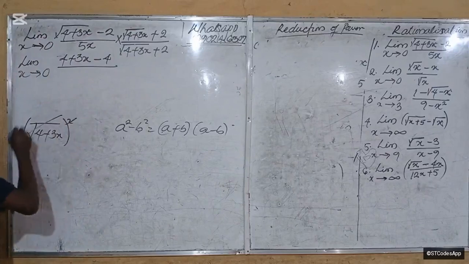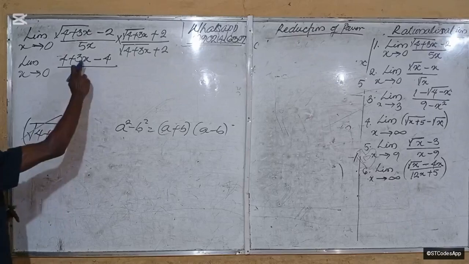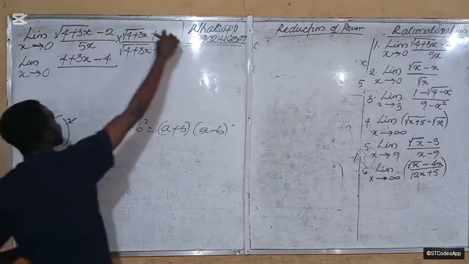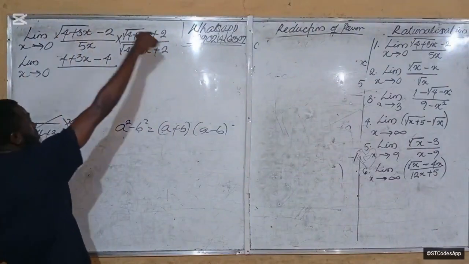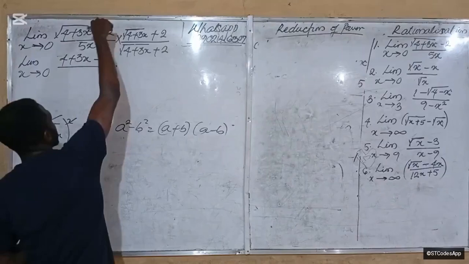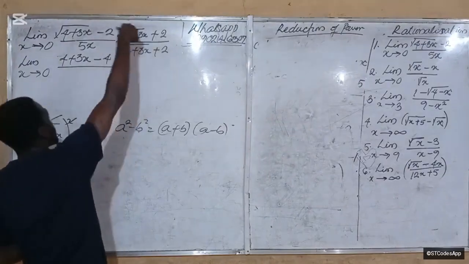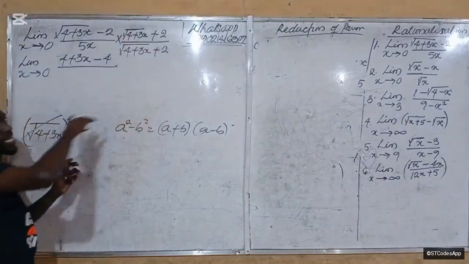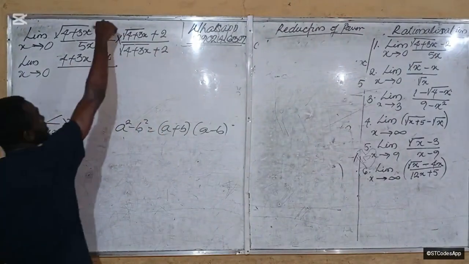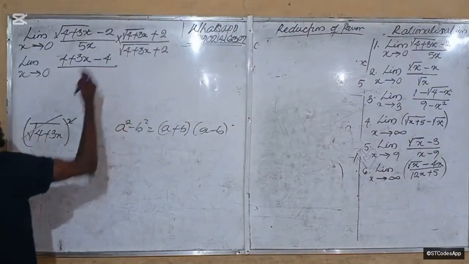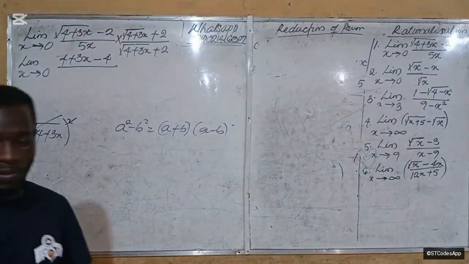The square will cancel the square root, so I'm left with this. Then this times 2 will give you positive 2 roots of this, and negative 2 times this will give you negative 2 roots, the same thing. So that annuls each other, and then you have 0 there. Then this times this will be a square of this, which will give us negative 4. I hope that is clear.